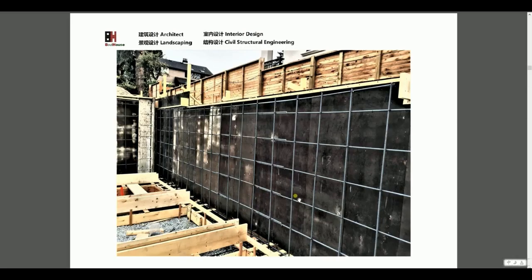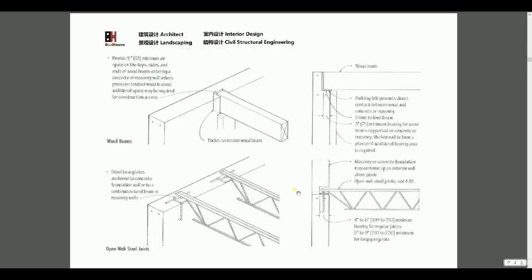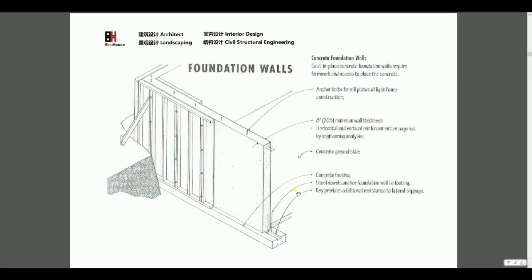So we have several reinforcements. You see this is a basement. The basement has the foundation wall and the footing, and we have reinforcement. The foundation wall looks like a beam, so there's no worry about the differential settlement, because it resists it.